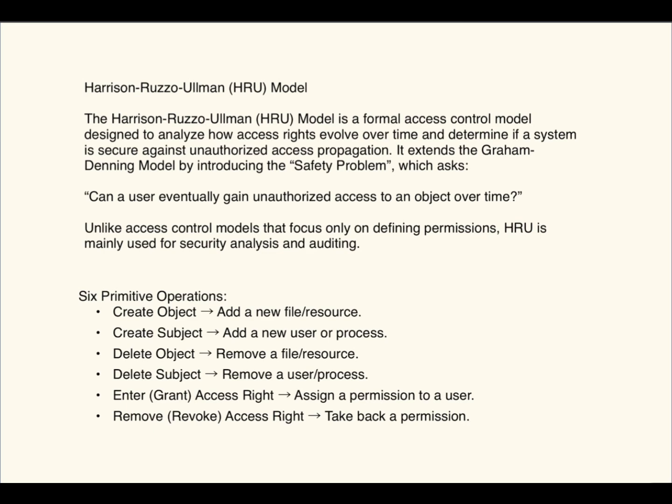For instance, if one user has access to one particular object, and over time that access has been modified, and eventually some other user also got access to that object, which that other user is not supposed to have access to.